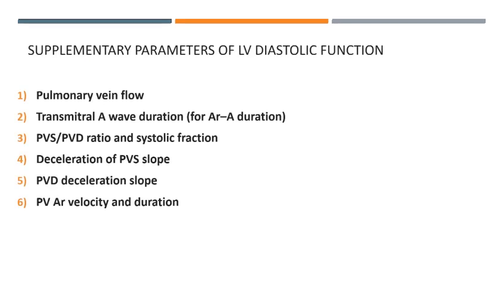Supplementary parameters of left ventricular diastolic function should be known, like pulmonary vein flow, transmitral A wave duration, PVS/PVD ratio, and systolic fraction, deceleration of PVS slope, PVD deceleration slope, PV A velocity, and duration.